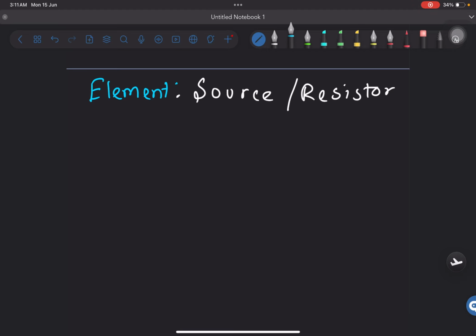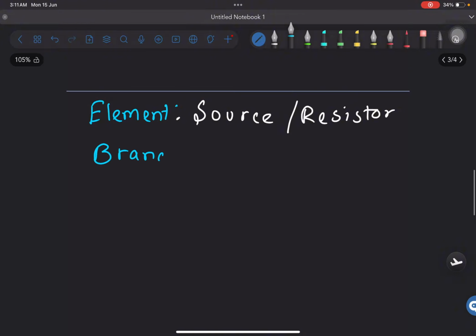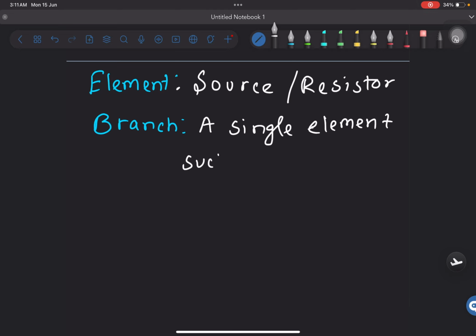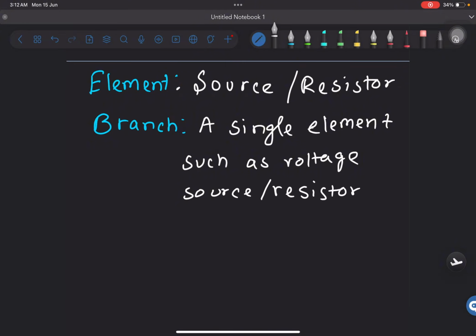Next thing that you need to understand is a branch. Now what is a branch? A branch is a single element such as voltage source or resistor. You may think element and branch are the same thing, almost.